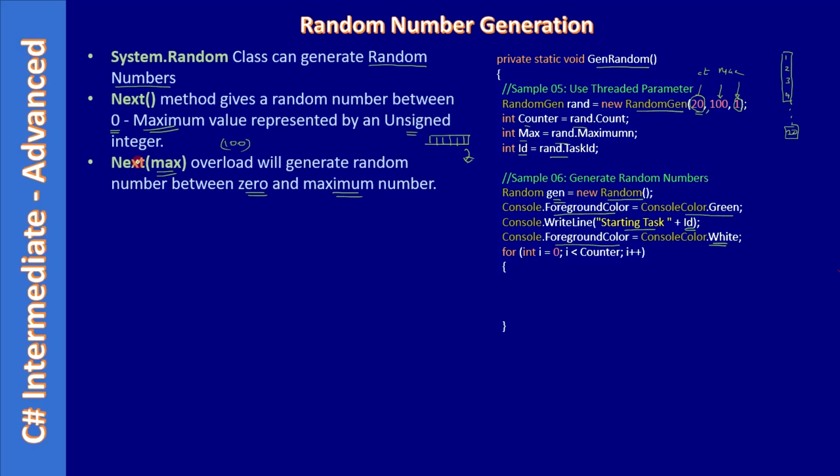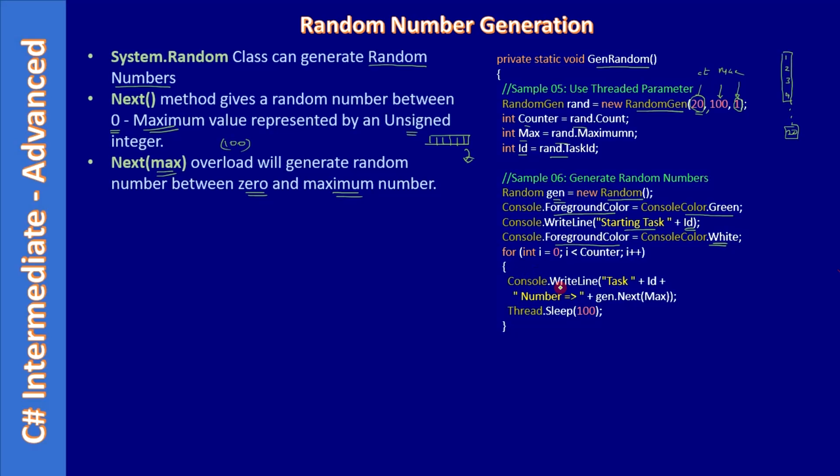But with max, the Next method will generate a random number, then keep that number between 0 and the parameter which you specify here. If you specify 100, the number will be between 0 to 100. If you specify 1000, the generated number will be between 0 and 1000.